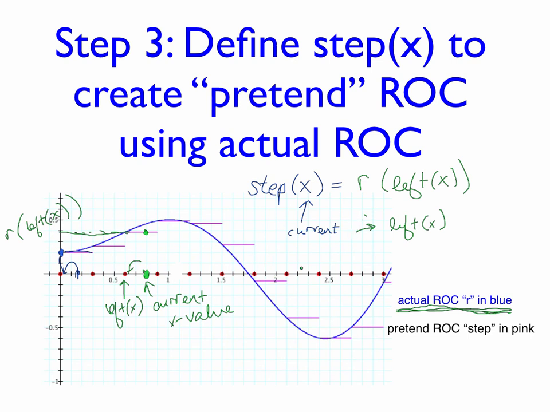Within this interval, for example, this current x value will be sent to here and then assigned the rate that's down here, so I'll have a corresponding point right there. And for this x value in the same interval, it's also going to get processed through the left endpoint, mapped to the rate, and then the corresponding point will live right there.